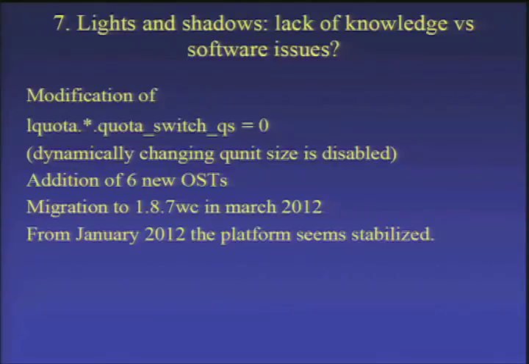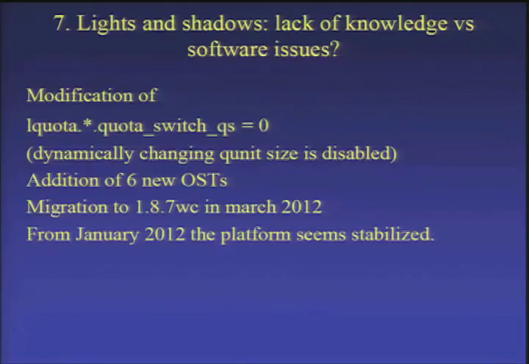For that particular configuration. Quite recently, at the beginning of January, we modified the quota switch parameter, disabling the dynamic changing of the qunit and bunit, and then we migrated to 1.8.7 in March 2012, so just a couple of months ago.